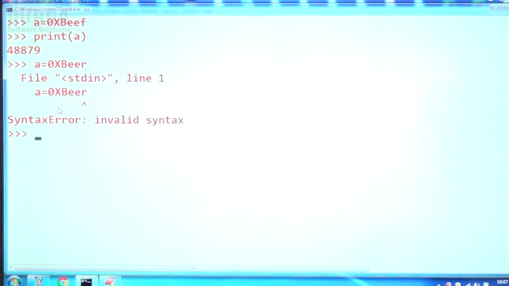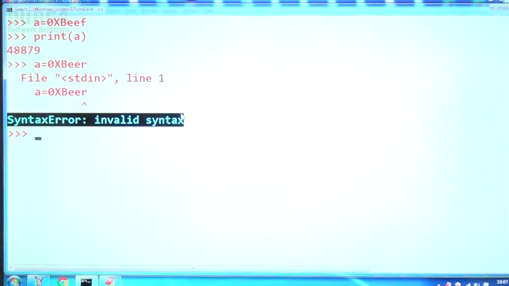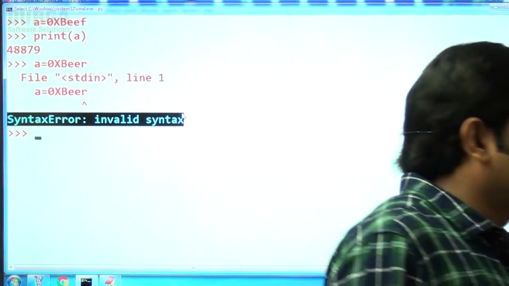Print of A. Yes, 48,879. Are you getting 48,879? A is equal to 0x, okay, beer, I'm taking beer. Immediately we are going to get an error, sir. Have you observed? Syntax error, invalid syntax. You should be aware of this, sir.